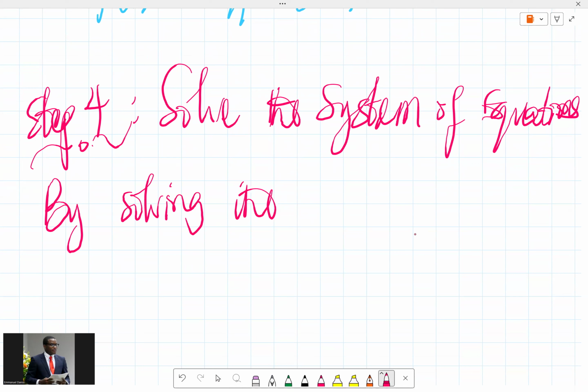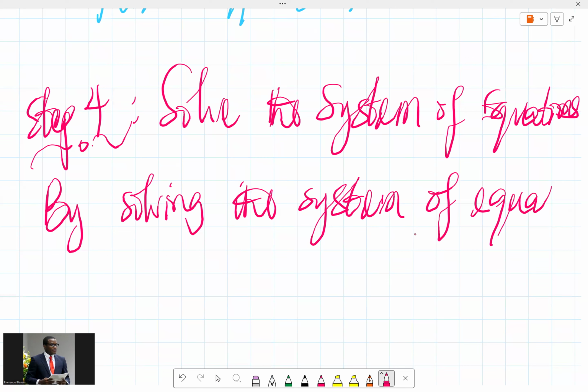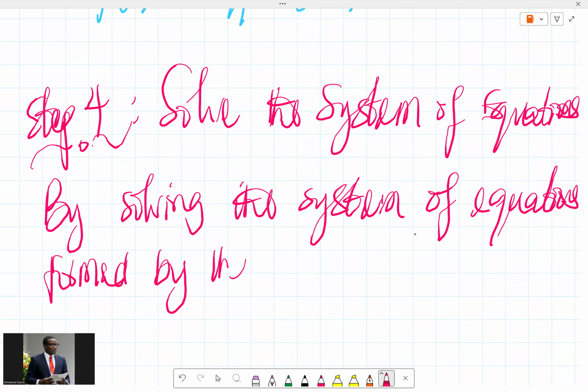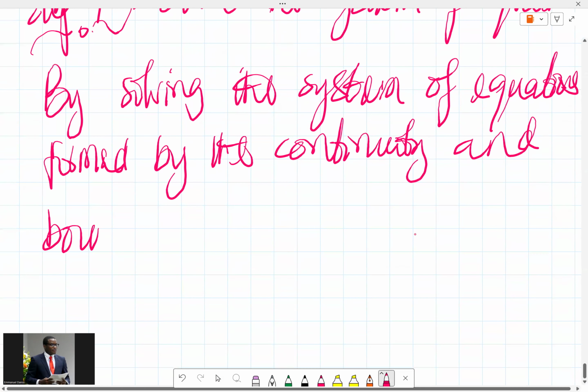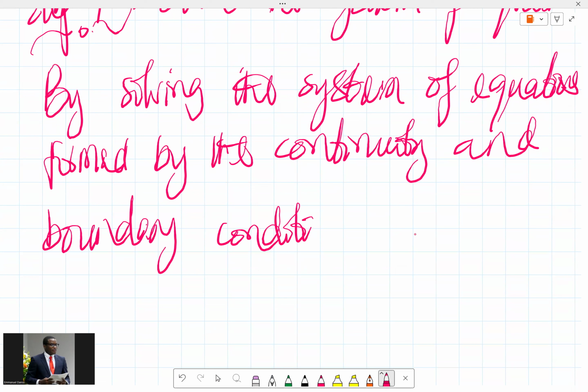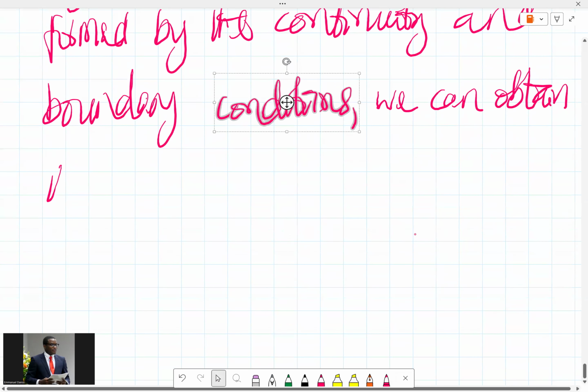By solving the system of equations formed by the continuity and boundary conditions, we can obtain the coefficients.